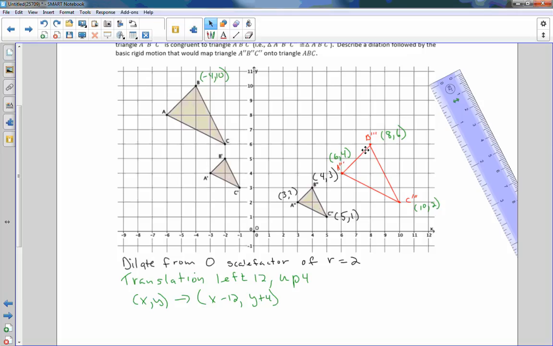So let's move this triangle left 12: 1, 2, 3, 4, 5, 6, 7, 8, 9, 10, 11, 12, up 1, 2, 3, 4. And we are right there. Okay, so there is a dilation from the center O, scale factor of r equals 2, and then a translation left 12 up 4.